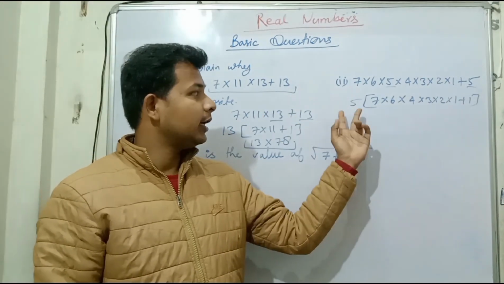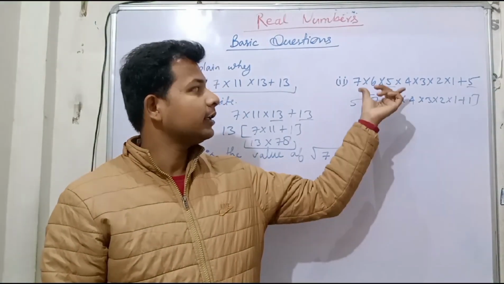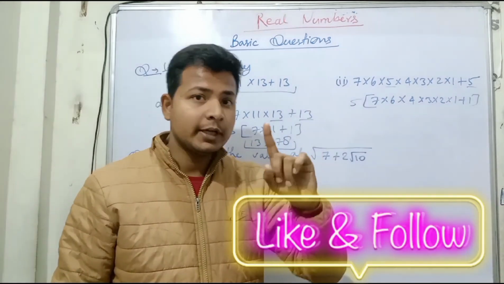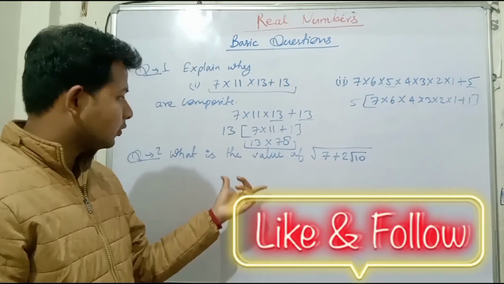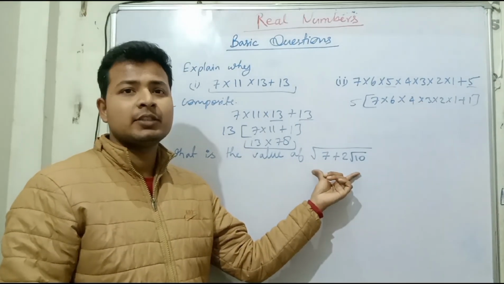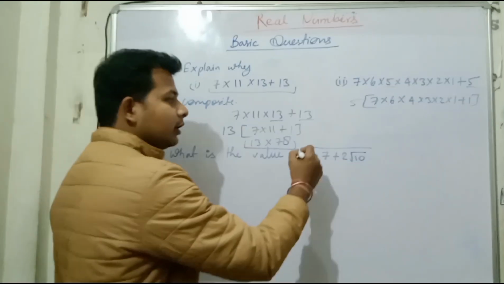Hence we can say that this number is also the product of two numbers. That's why this is not a prime number, hence it is a composite.